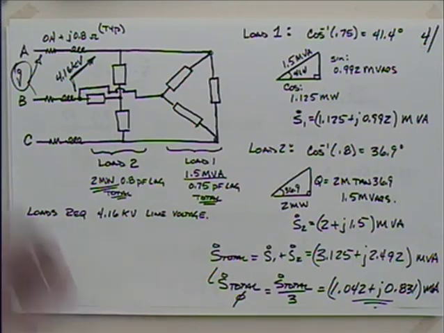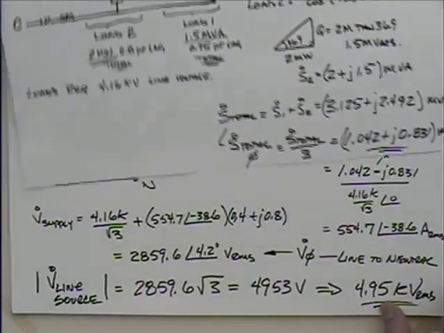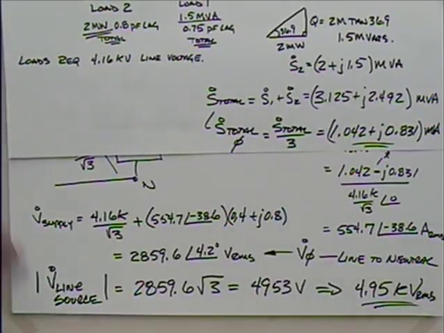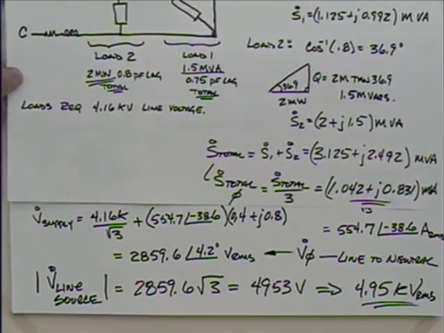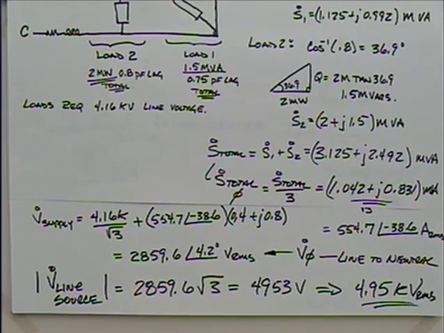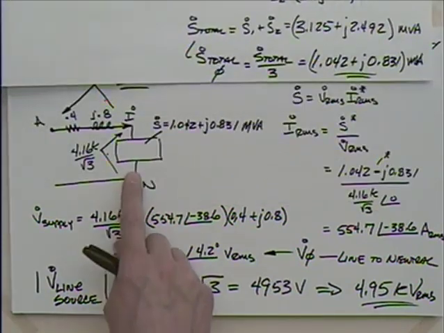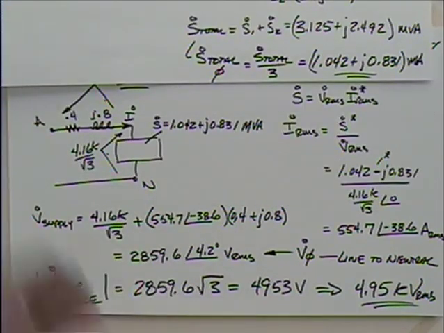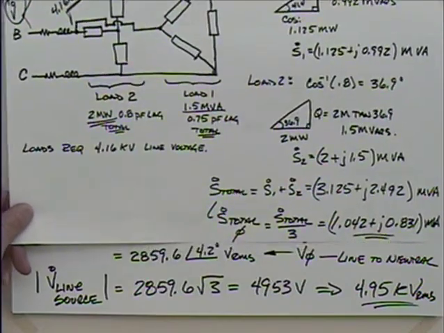Questions with that? We were given the delta and then the wye. It didn't even matter. We got the same power calculation whether we were using a delta or wye. So I was able to combine them into one without even worrying about that. Other questions?